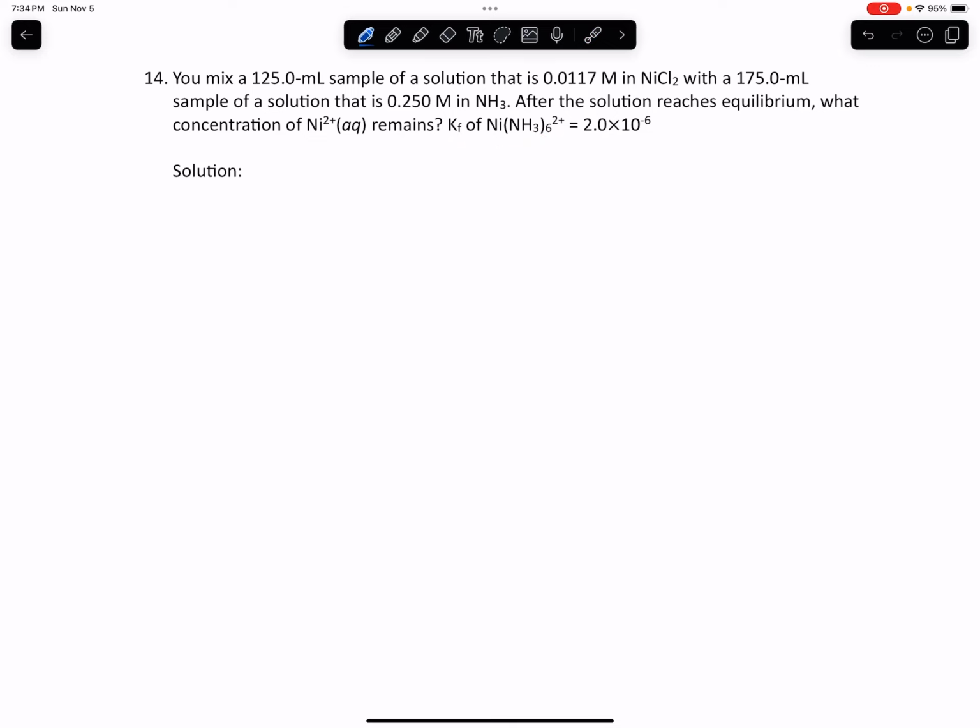To do this problem, the first thing we need to understand is what reaction we're dealing with. The nickel chloride, let's put that in aqueous form. It breaks down to give you nickel 2 plus ions aqueous plus 2 Cl minus ions aqueous.